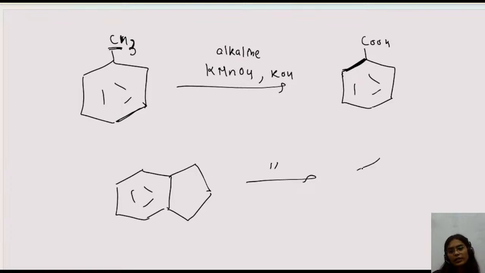Whatever the side chain, the benzene is restored with a COOH. If you observe this carbon, the condition is that the carbon must have a hydrogen, otherwise it can't undergo the reaction. So what we end up with is that the terminal position becomes COOH.